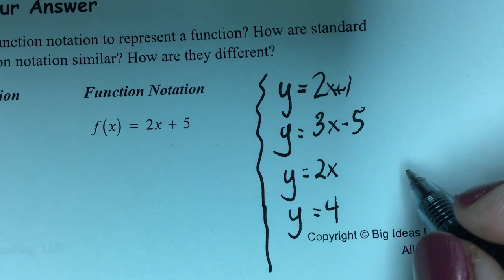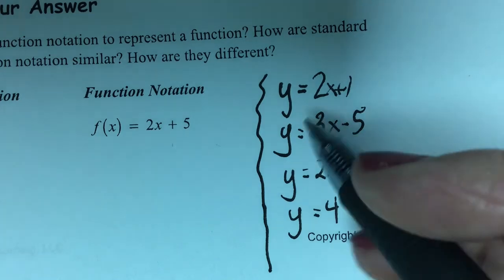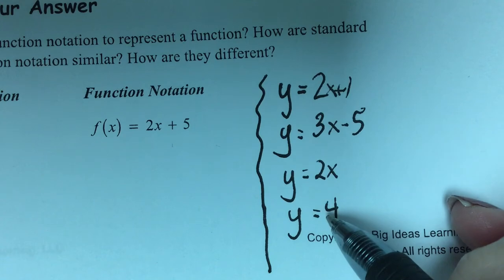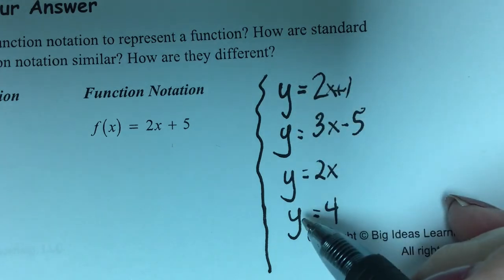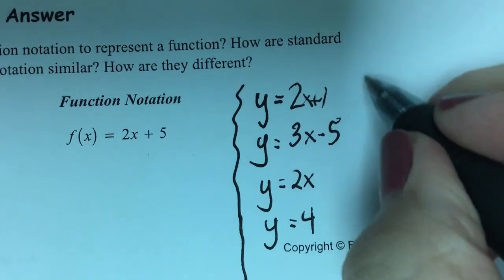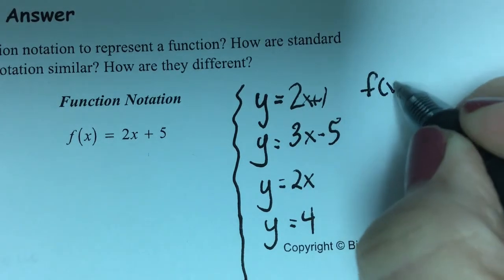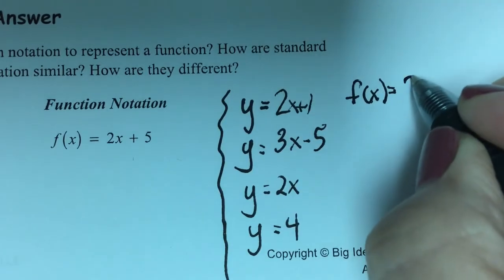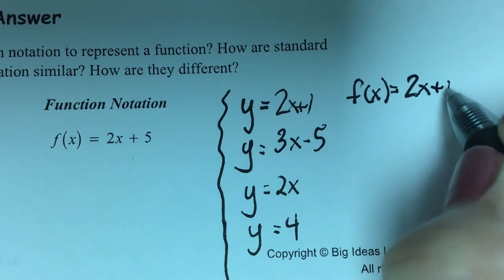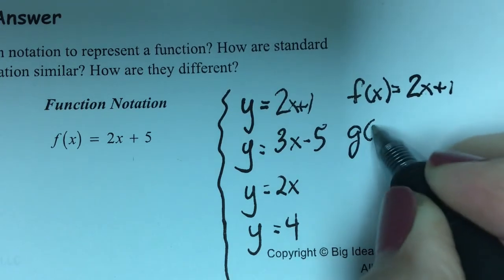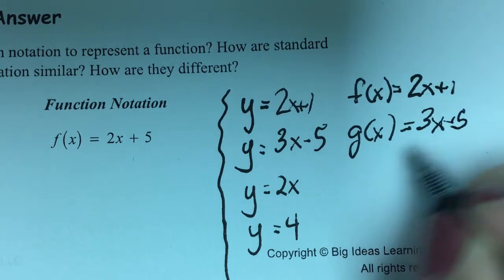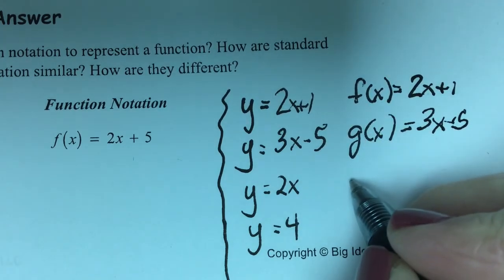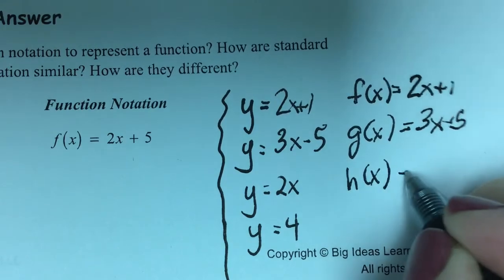Well, hopefully, when I would ask you to use the one that starts with y, you would ask me which one. They all start with y. So function notation helps us to distinguish between each different function, and I could call them each something different. And remember, all of these things mean y, so I'm not really changing anything.